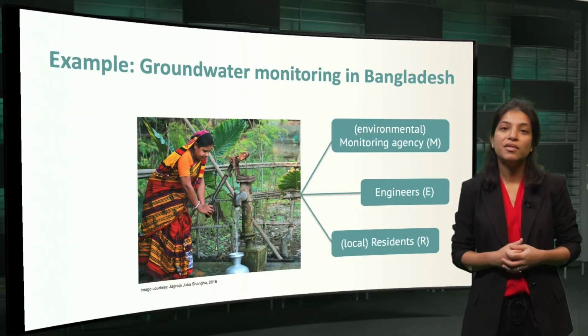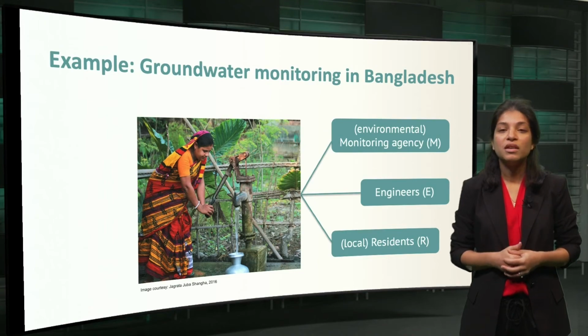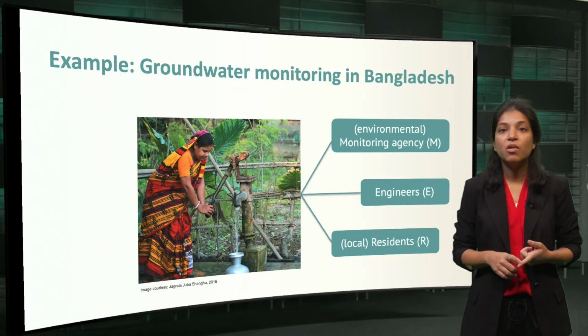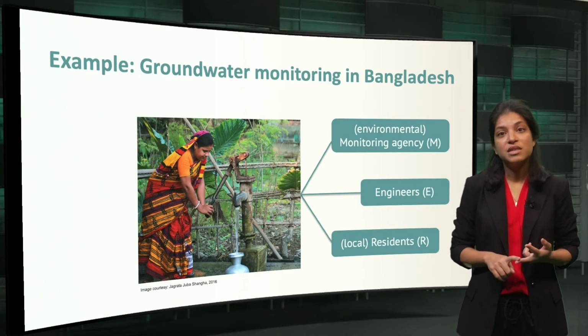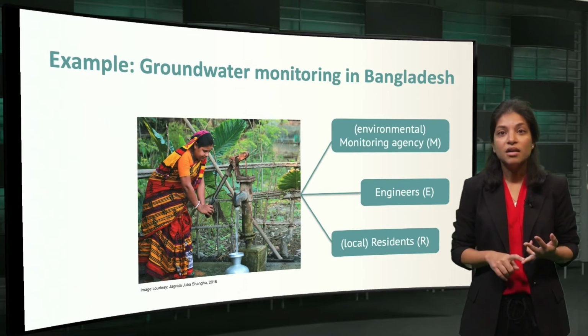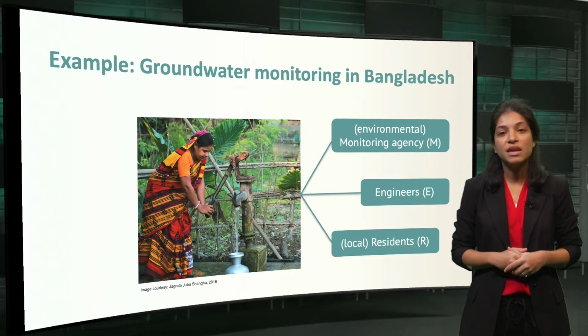I'll use the example of groundwater monitoring in Bangladesh to explain this. Groundwater is an essential source of water in Bangladesh, yet aquifer data is scarce and spread across different actors. There are 3 main actors who monitor groundwater. The engineers, E, who conduct groundwater assessments when installing tube wells for drinking water supply, the monitoring agency, M, who is the environmental department, and residents, R, who also keep track of changes in groundwater quality and quantity over time.